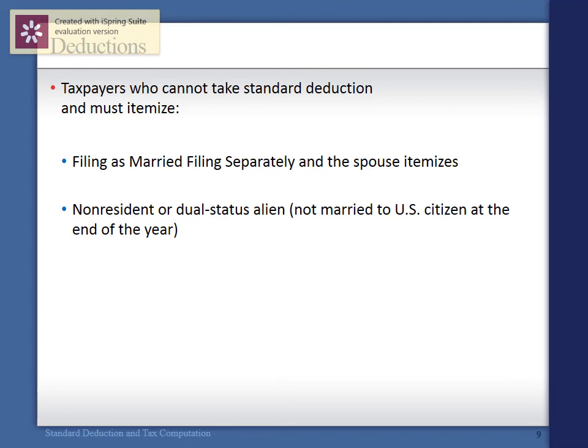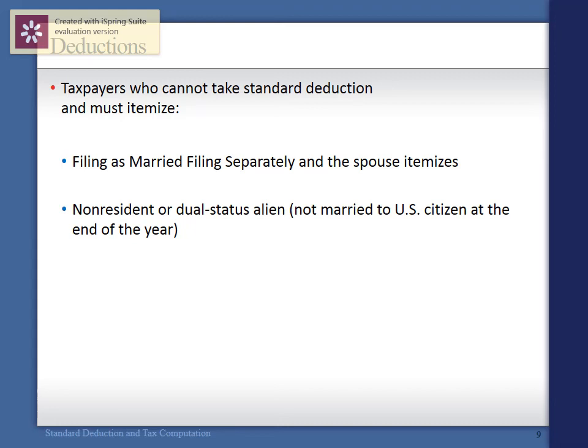Now, it's important to note that there are some situations where a taxpayer is not allowed to take the standard deduction, and in that case, they must itemize their deductions. Even if the itemized deductions turn out to be less than the standard deduction, those particular taxpayers must itemize, which means they would get the reduced deduction amount.